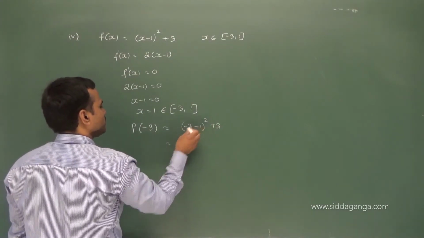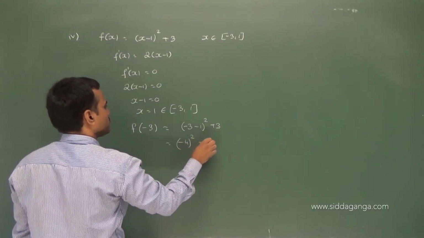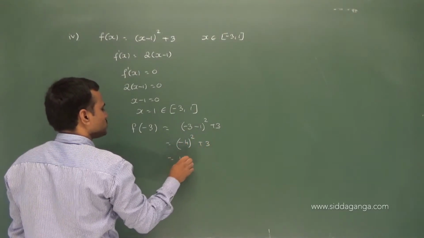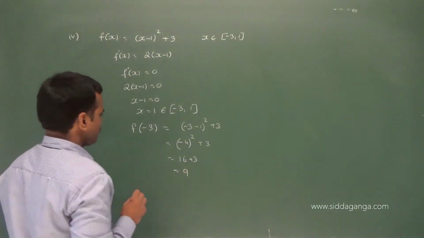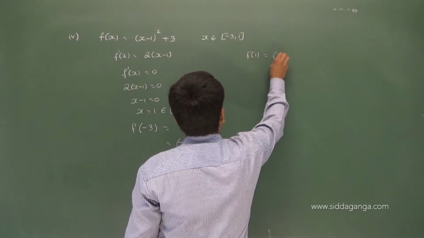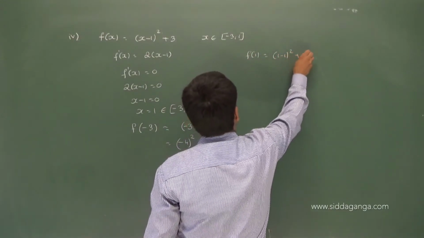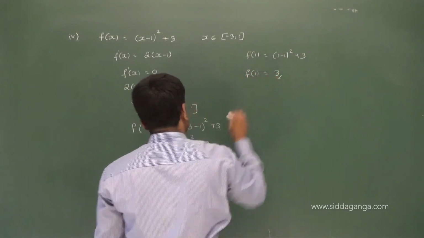Then minus 3 minus 1, minus 4 whole square plus 3, 16 plus 3, it is 19. Then f of 1: 1 minus 1 whole square plus 3, f of 1 is 3.